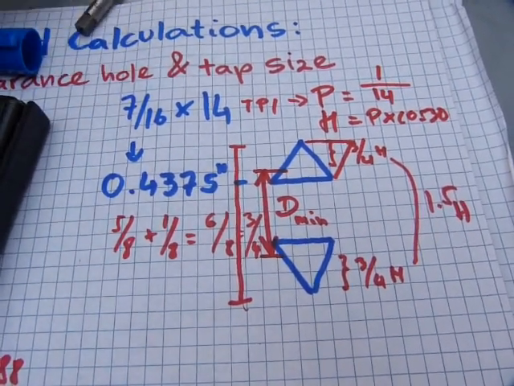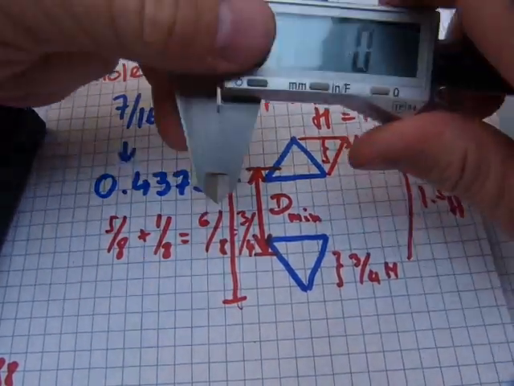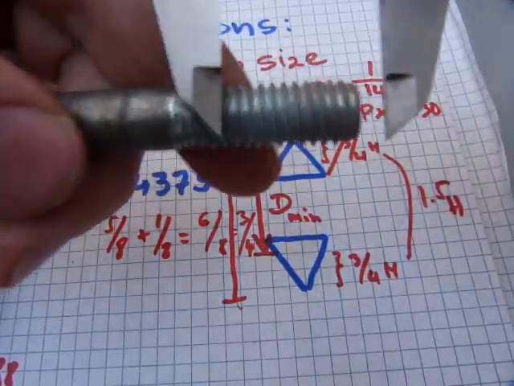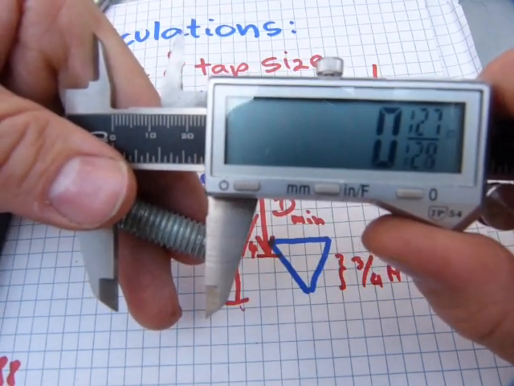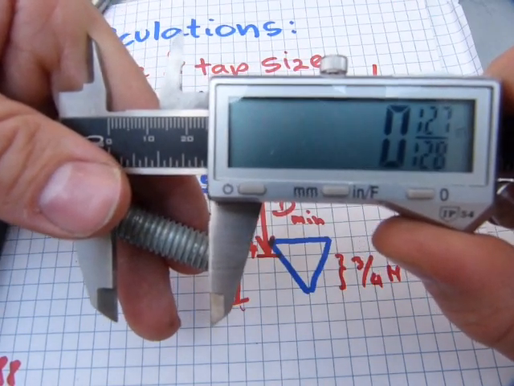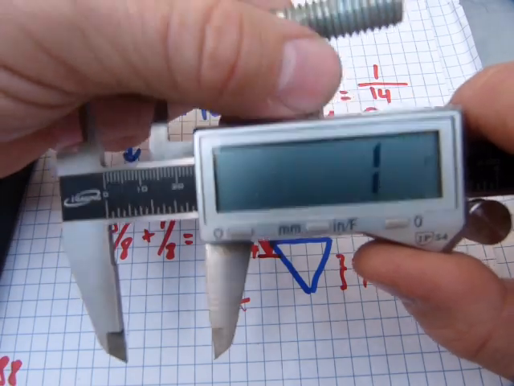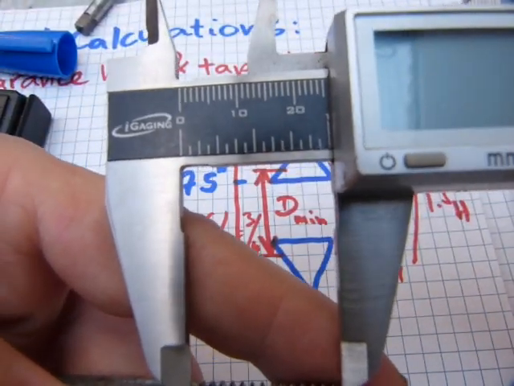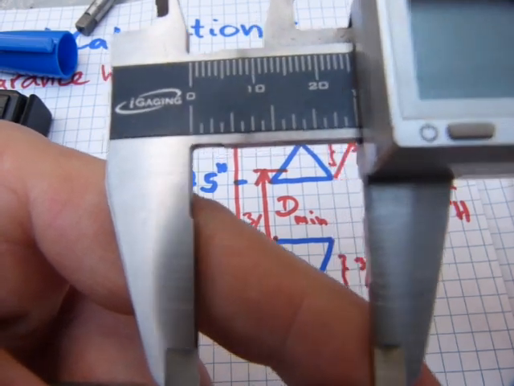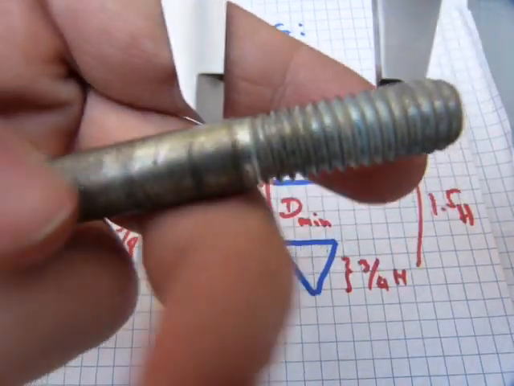I'll show you what that 14 means. If you look at it real close and freeze the frame, I'm going to set the caliper to 1 inch, just lock it. Over a distance of 1 inch, you have exactly 14 crests on this thread.